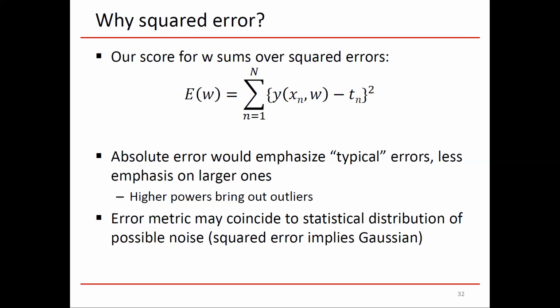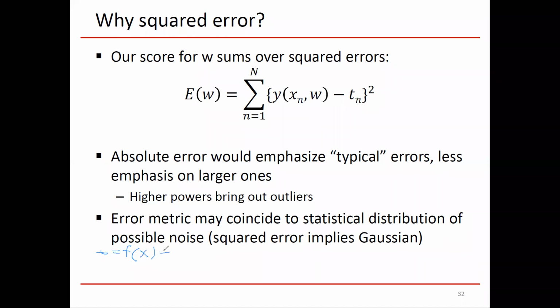And you could have an error metric that coincides with a statistical distribution of possible noise. Recall that t is equal to f of x plus z, where this is t at index n, x at index n, z at index n.